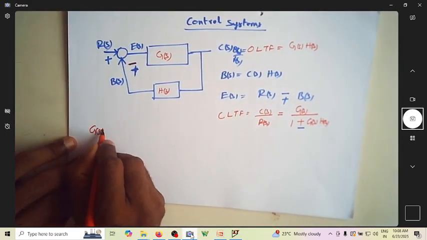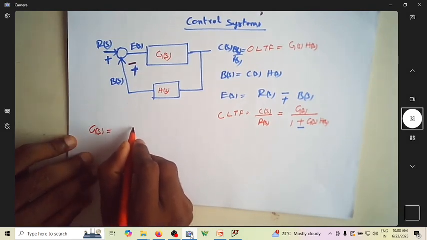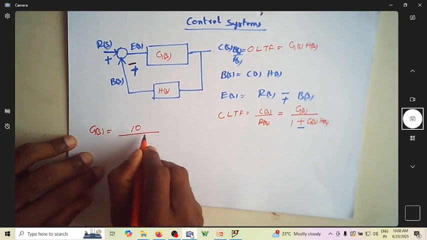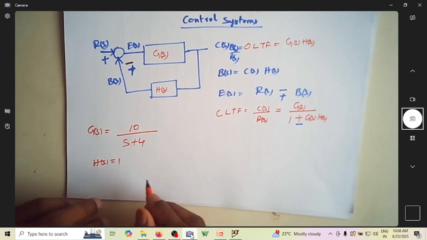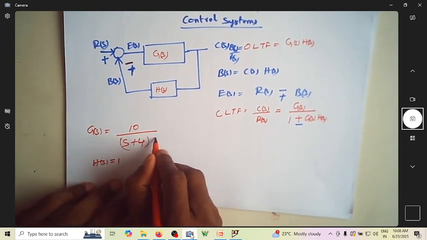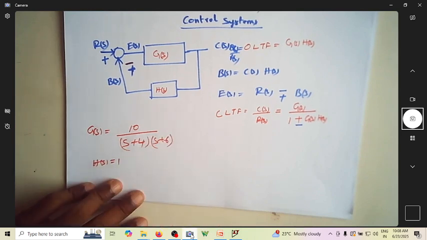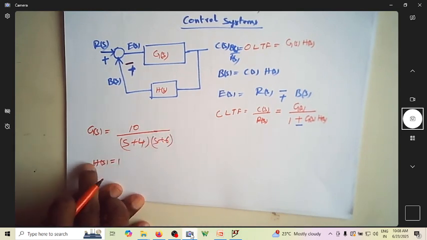So let us assume that G(s) is nothing but 10 divided by s plus 4, and H(s) is 1, or maybe you can also take this as s plus 6, and so on. So this is the transfer function.